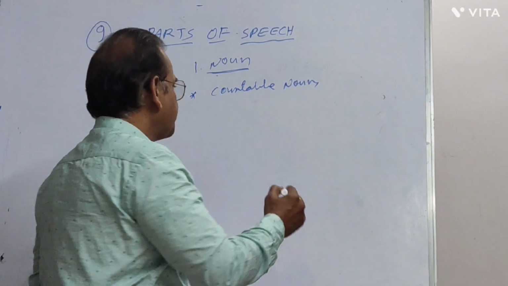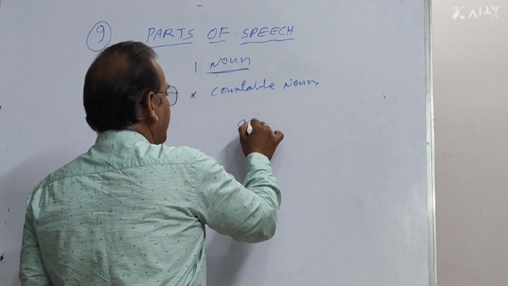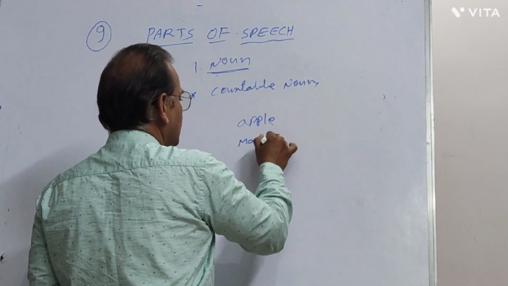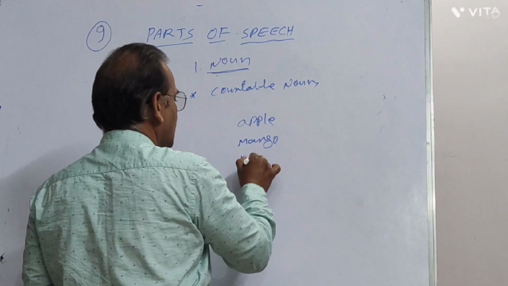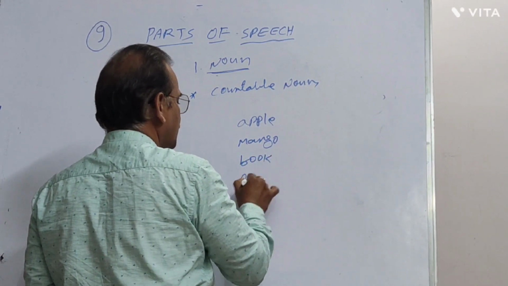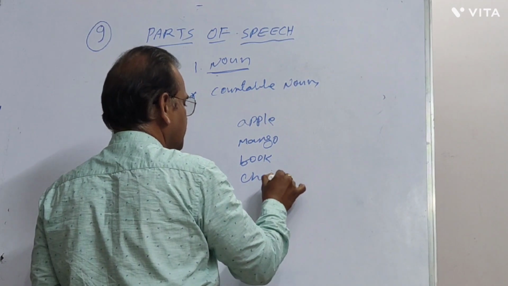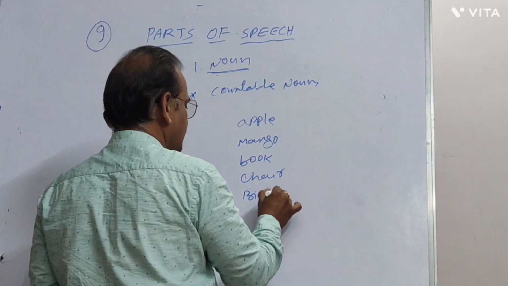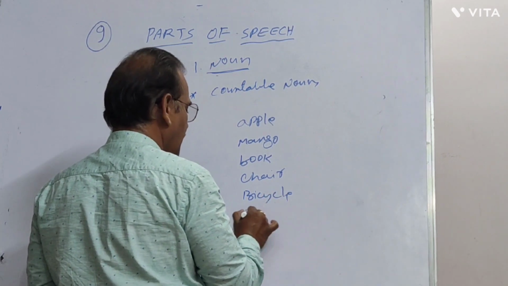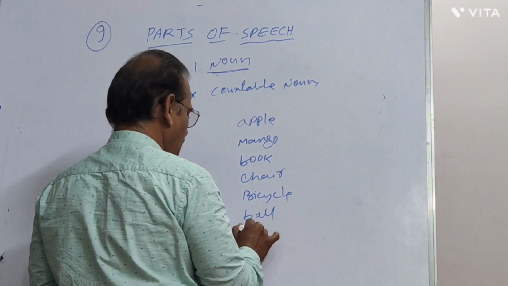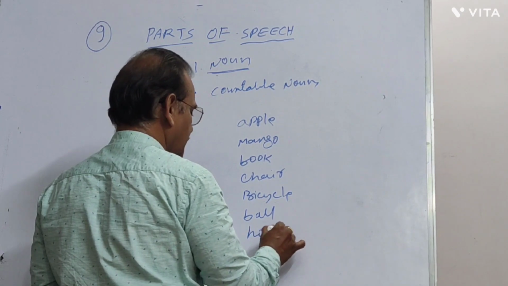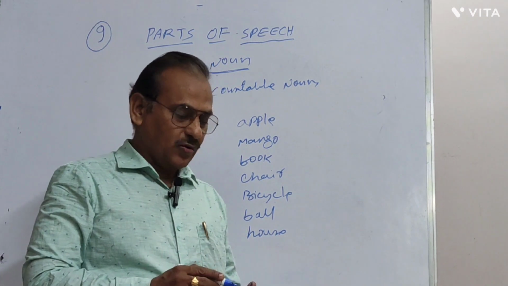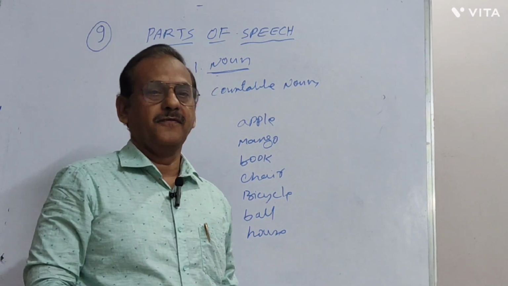For example, apple, mango, book, chair, bicycle, ball, house, like this. We can count a number of them.